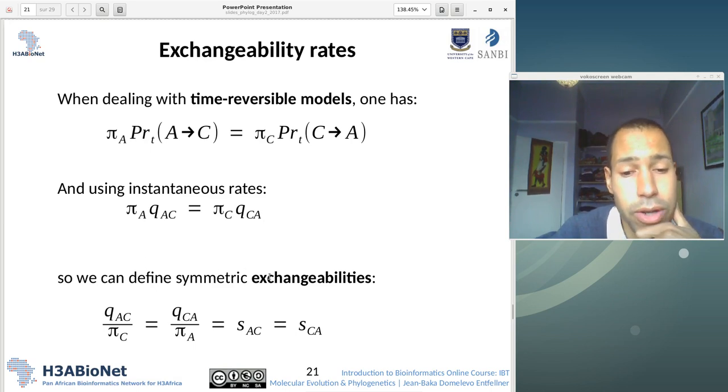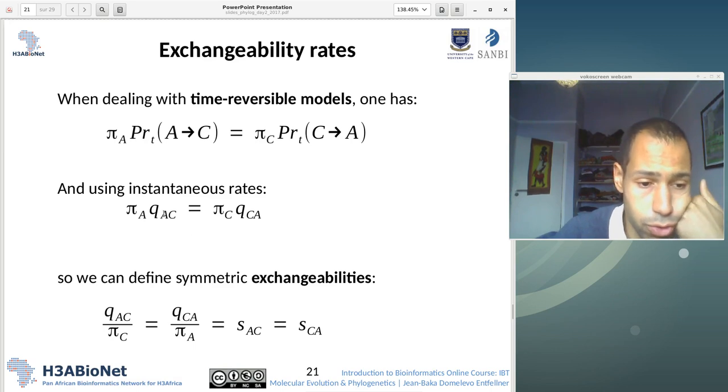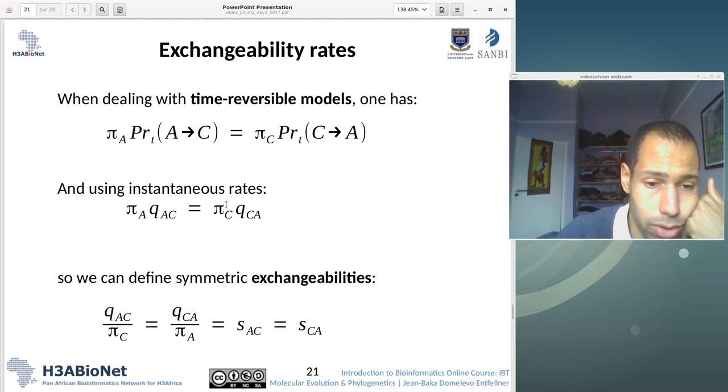So we can define symmetric exchangeabilities. If you have the ratio QAC divided by pi C, this one put it there at the denominator, this one put it there at the denominator, and you have equality. So you have equality between this and that, okay?